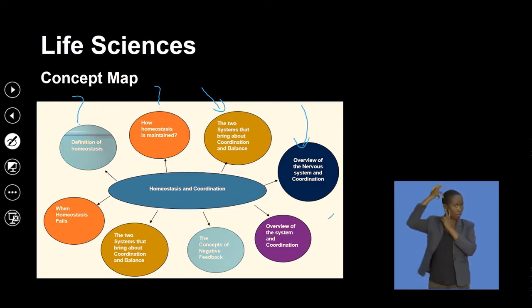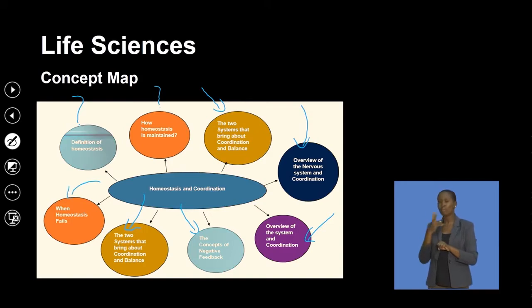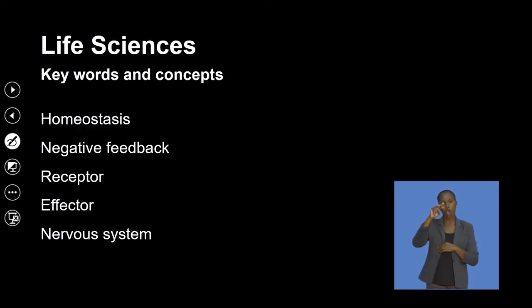We're going to have an overview of what the endocrine system is. We're going to spend some time looking at a concept called negative feedback. And we're going to bring about a comparison between the two systems. And then finally, we're going to look at what happens when homeostasis fails. So let's get straight into the lesson.